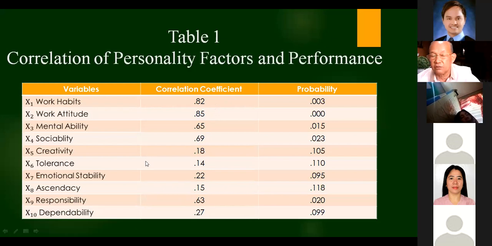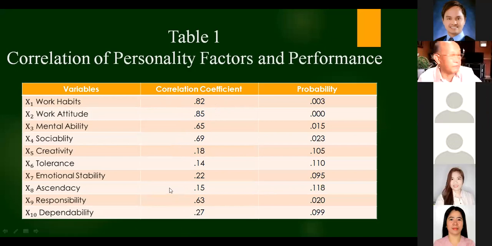Okay? Second question, nature. Tingnan ninyo mga kapatid yung results ng correlation coefficient. Did you find any negative coefficients? Meron ba? No. Wala. All of them? Positive. Okay. How do we interpret? The results of the correlation analysis show that the 10 personality factors are positively correlated with teaching performance.